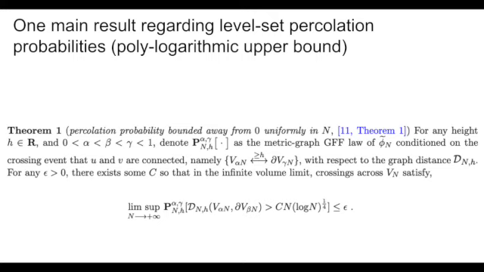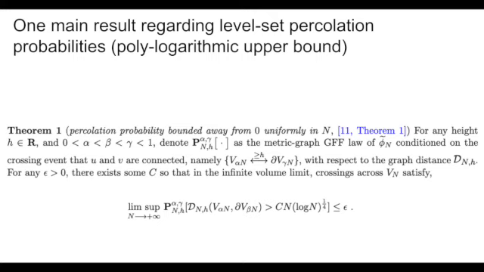So it's basically saying that as we encounter infinite volume, as we have been mentioning, the probability of having this connectivity event occurring with the distance exceeding this poly-logarithmic factor is bounded above by epsilon.